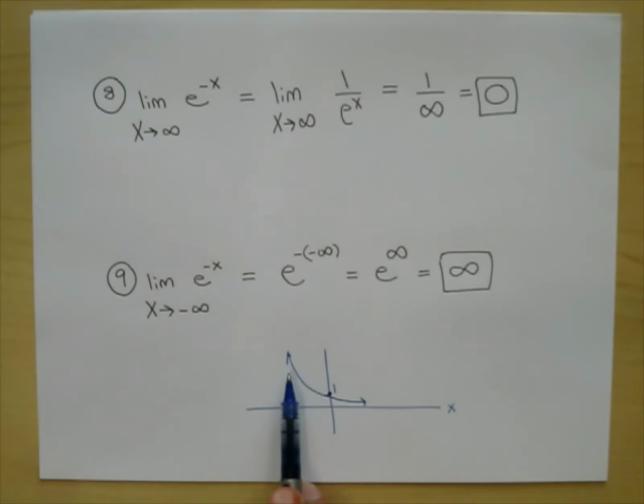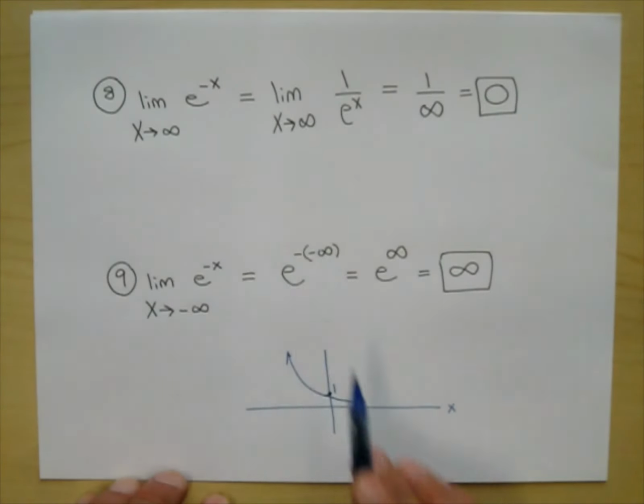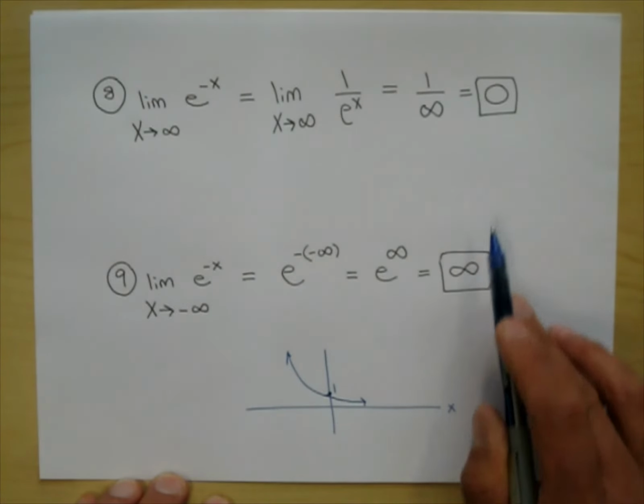It's the airplane comes out of the sky and approaches the runway. And then this is the freaky part. This is the Twilight Zone. It will never land, but it will keep getting closer and closer. That's crazy. Why am I doing this? Because as you go to infinity, where's the y value going? It's getting closer and closer to 0. And as this graph goes to negative infinity, the y value is going to infinity. So this tells us about the graph.